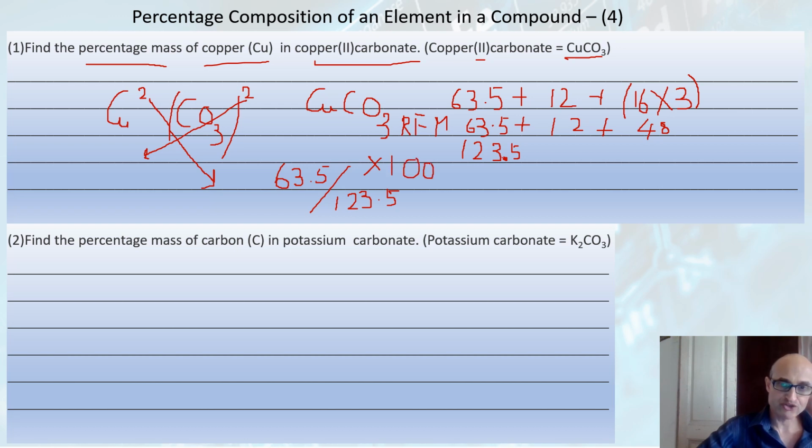Now, by inspection, I do not have a calculator over here. I do not wish to waste time in calculating the answer. That is your job to do at home.